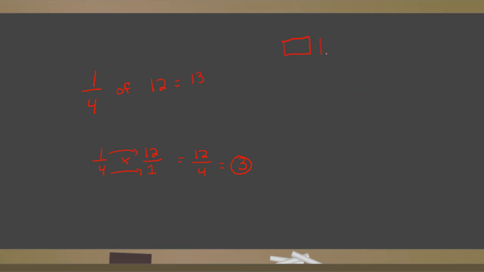Now, if I draw 12 boxes very quickly, I say very quickly, I'm working on it. And I divide each one of these 12 boxes into fourths. And I take 1/4 of each one. So 1, 2, 3, 4.